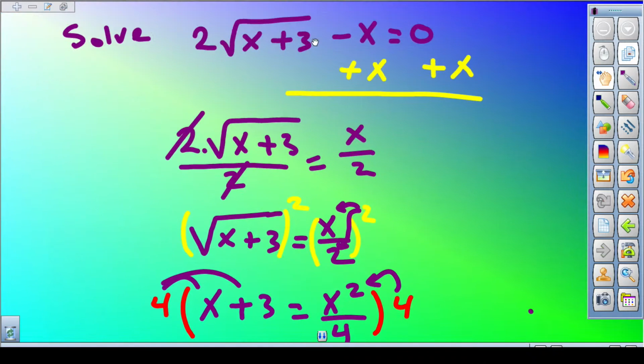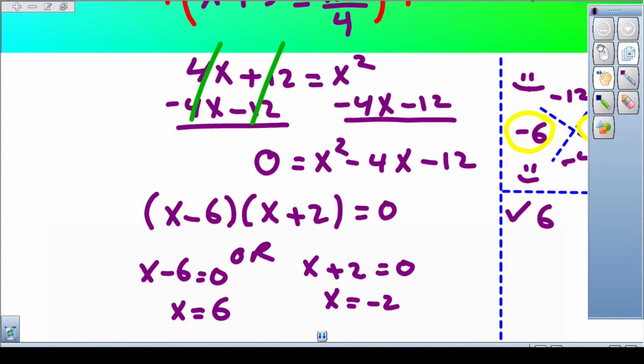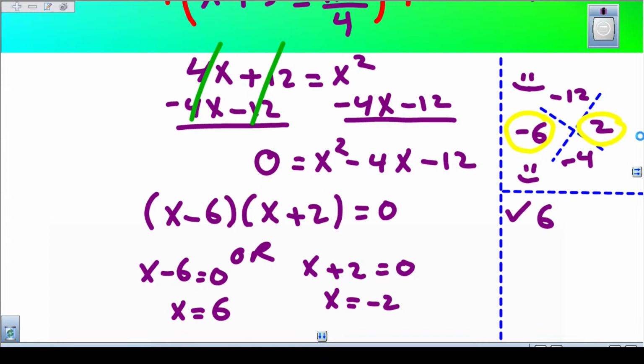So 6 plus 3 is 9. Square root of 9 is 3, right? 2 times 3 is 6. Minus 6. Oh, wow. How'd you do that? I just plugged it in. So 6 minus 6 is going to give you 0. 0 equals 0. That's good. Which means this one works.